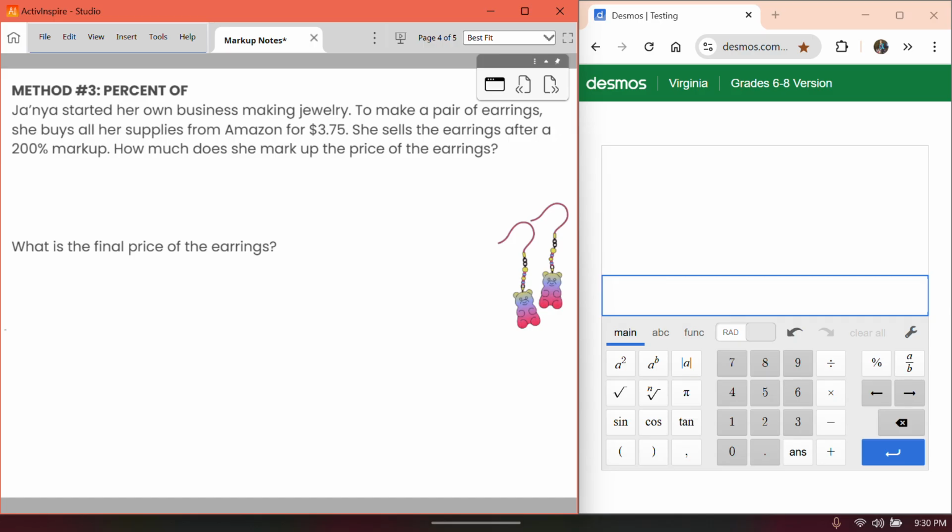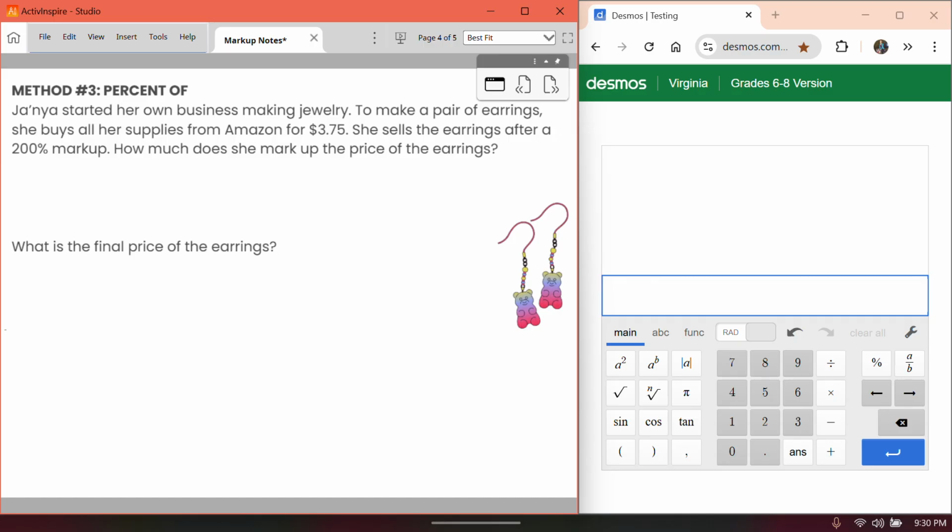Janaya started her own business making jewelry. To make a pair of earrings, she buys all of her supplies from Amazon for $3.75. She sells the earrings after a 200% markup. How much does she mark up the price of the earrings?